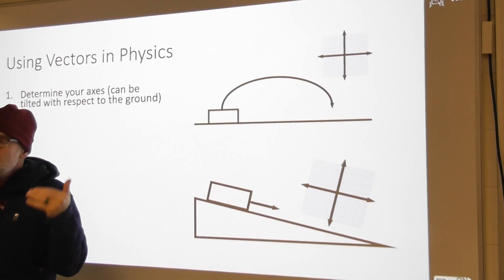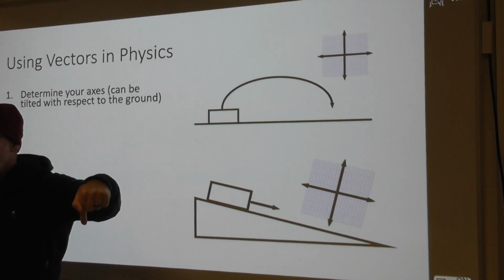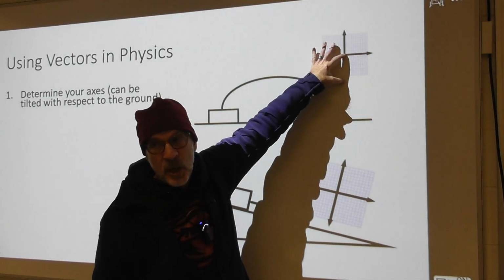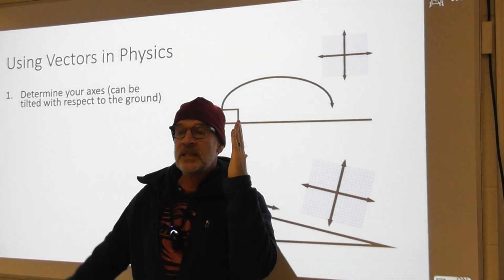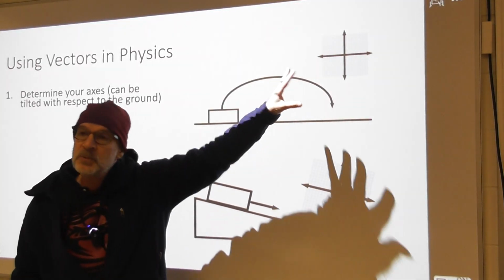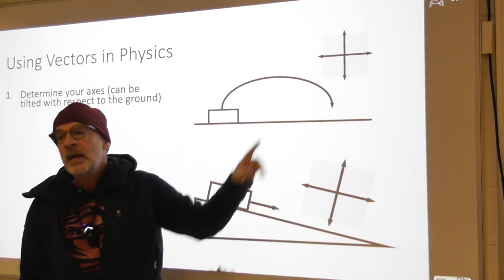And because projectile motion is accelerated straight toward the ground, it makes sense for one of our axes to be straight toward the ground. That'll be our y-axis. Because one of our axes is straight toward the ground, the other one has to be at a 90-degree angle, which means it's parallel to the ground. So this will be the axis that we use for all of the projectile motion problems.